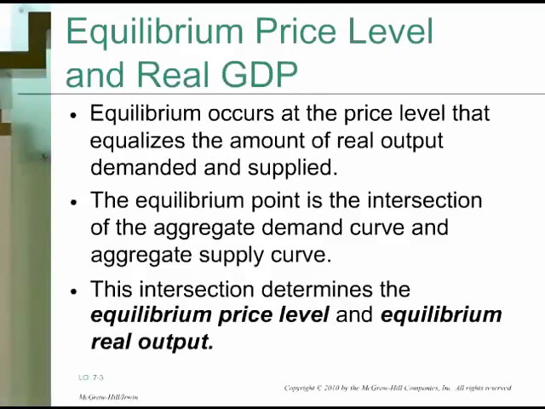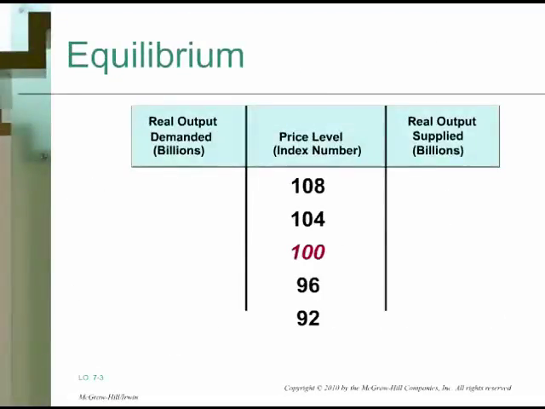Macroeconomic equilibrium occurs at the price level that equalizes the amount of real output demanded and supplied. The equilibrium point is the intersection of the aggregate demand curve and aggregate supply curve. This intersection determines the equilibrium price level and equilibrium real output. Consider an example.